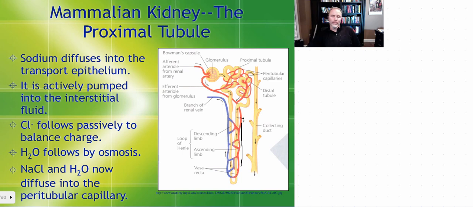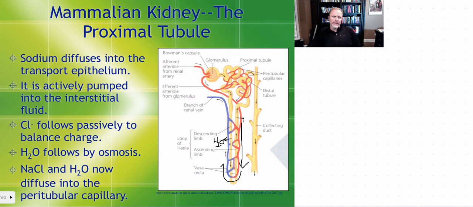So now what's basically happening is you can see the blood that's flowing in this direction is reabsorbing the salt. Okay, and then as we get up here, if you remember on this side, on the descending limb, we're getting rid of the water.